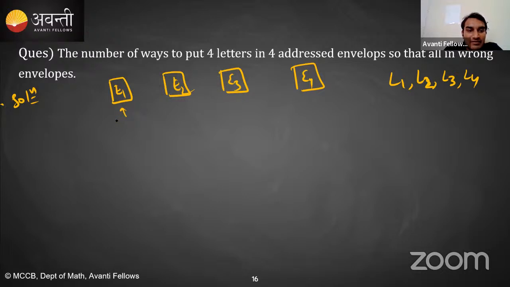So one of the ways is that letter 2 goes into envelope 1, L1 comes in envelope 2, L4 in envelope 3, and L3 in envelope 4.